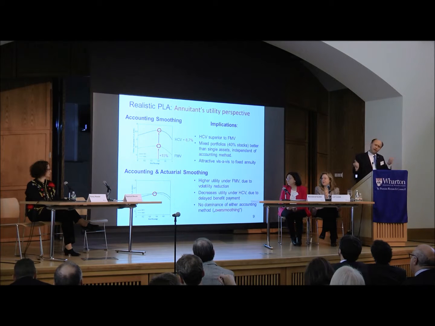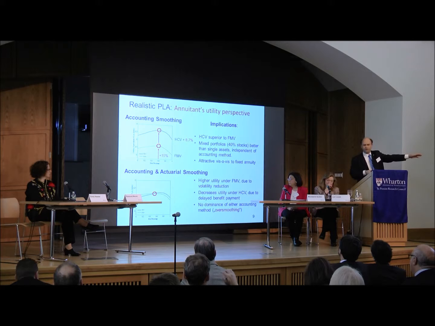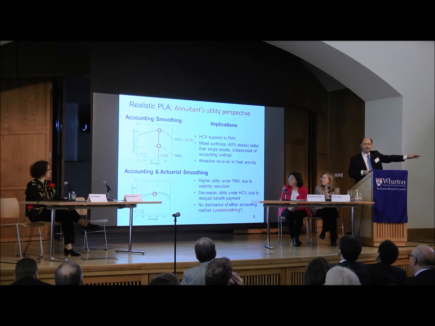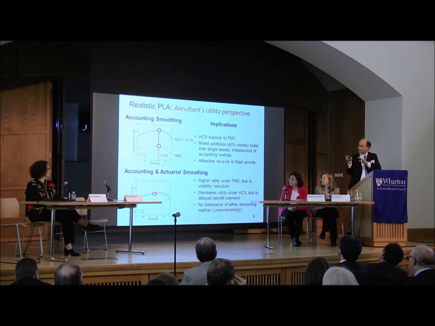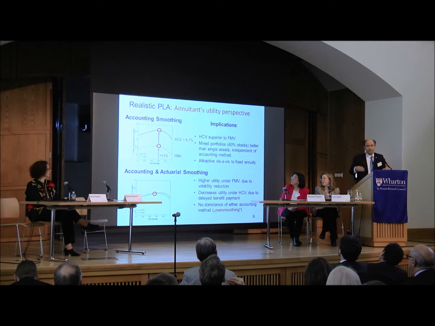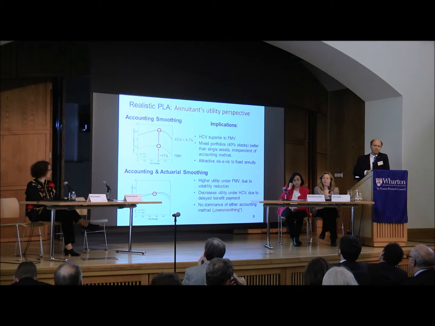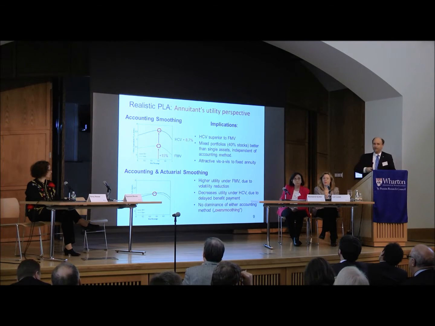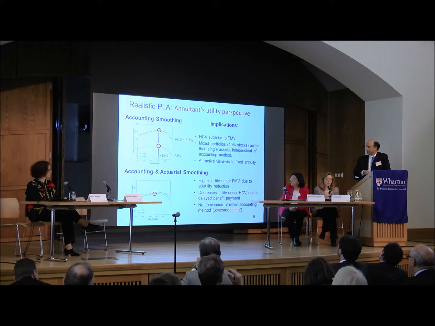If you have a certain asset allocation and you smooth on the accounting side and you smooth also on the actual side, then maybe sometimes the fair market value is better, or sometimes the historical cost value approach is better. So from the annuitant perspective, it's not really 100% clear if the actual smoothing technique plus the accounting smoothing technique really adds value in all of the situations.